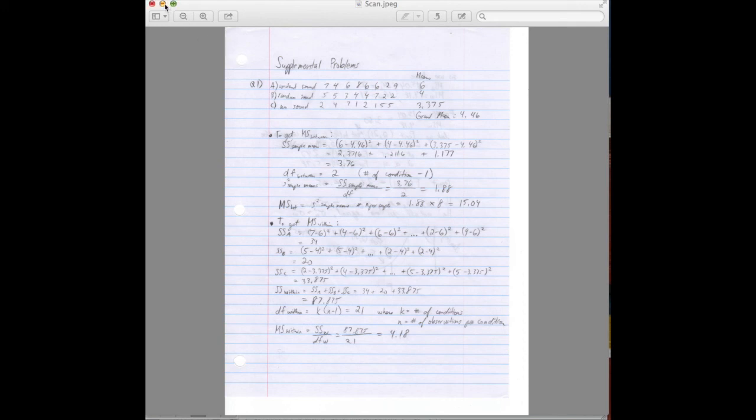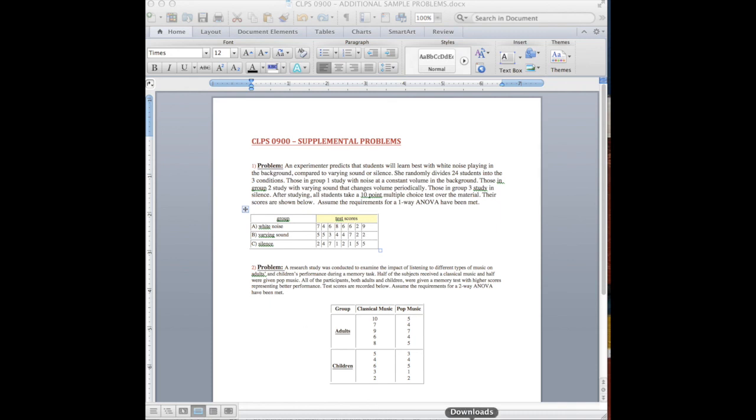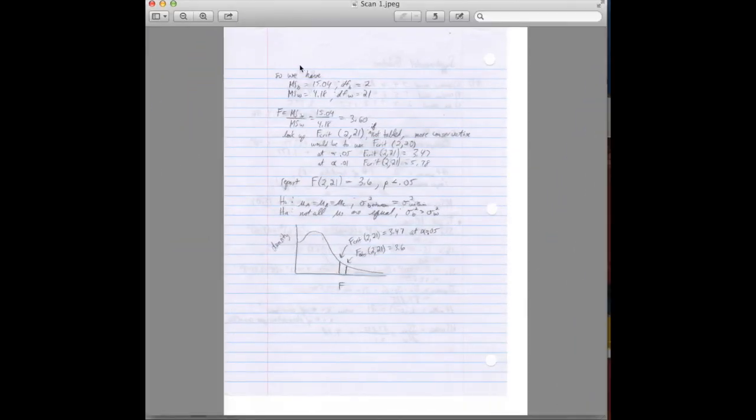Okay, so now we have both our mean square between term and our mean square within term. So then we can do an F-test. Again, we have the values of mean square between, mean square within, and the appropriate degrees of freedom here.